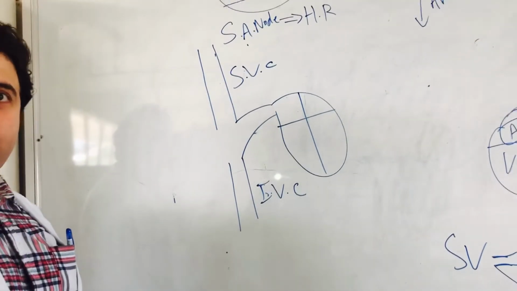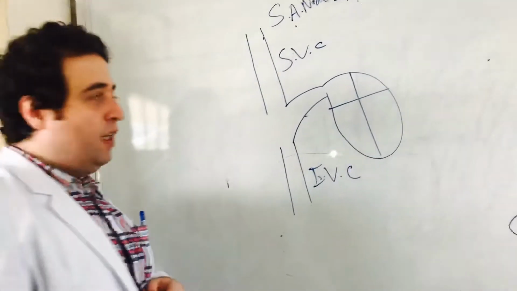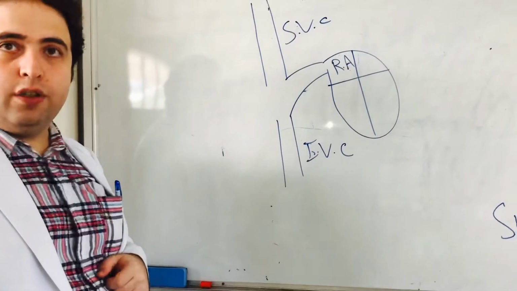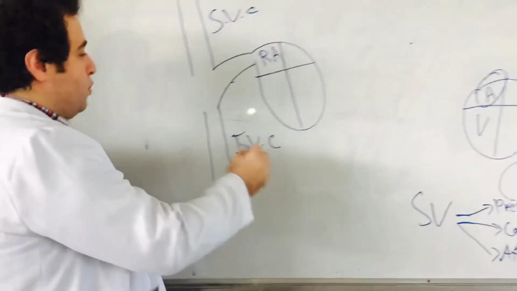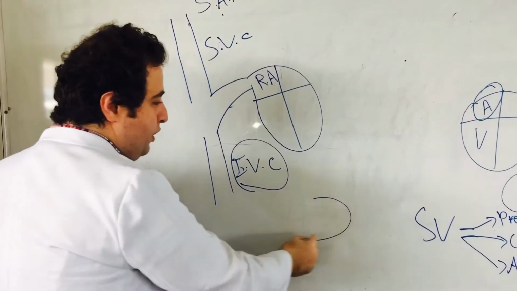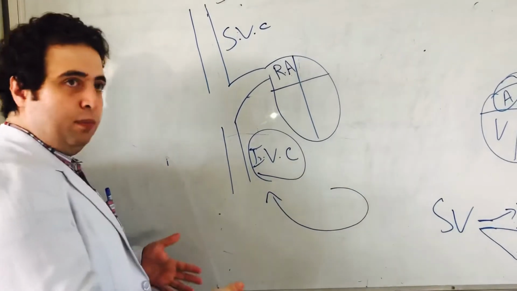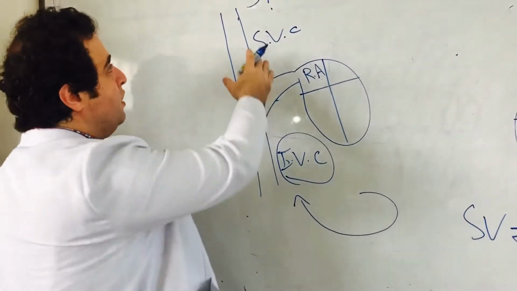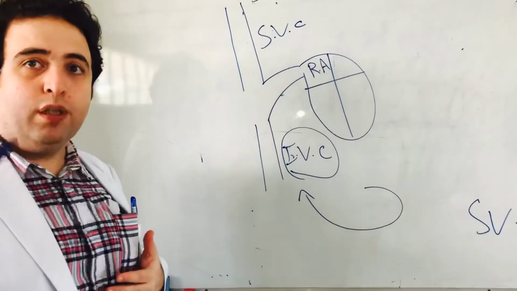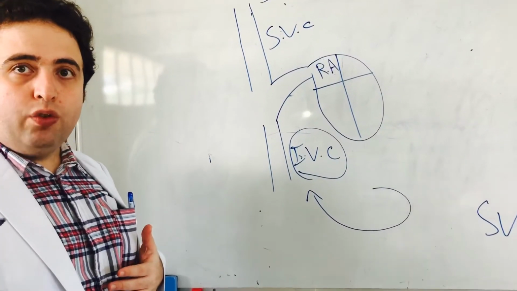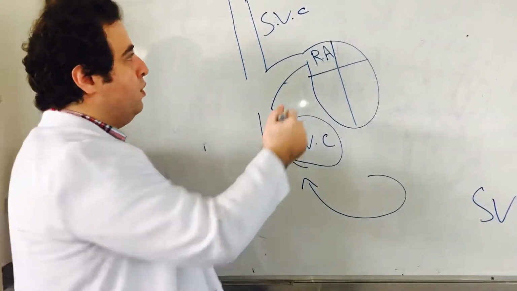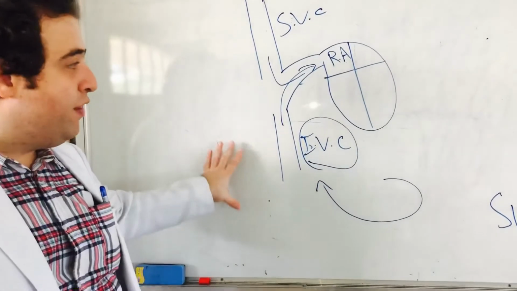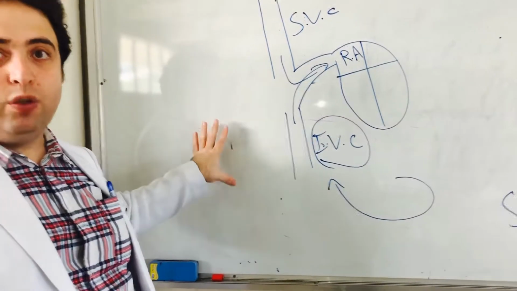Both will drain to the atrium of the right side, correct? The inferior vena cava gets the venous return from the lower body like the gut, the liver, and the renal system, and the superior vena cava receives the blood from the jugular vein down to the right atrium. So both of these drain to the right atrium. So this is the venous return. This is what I want you to understand.